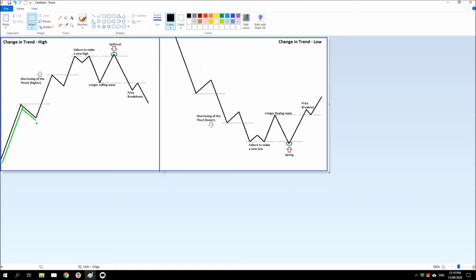And as a rule of thumb, if from here to here is the amount of ground made by the buyers in any one movement, in any one wave, the 50% level is the level where if the consolidation period remains above the 50% level, the buyers are well in control and strong. And the deeper price has to go below the 50% level to consolidate, the more difficult the buyers have found to maintain control.